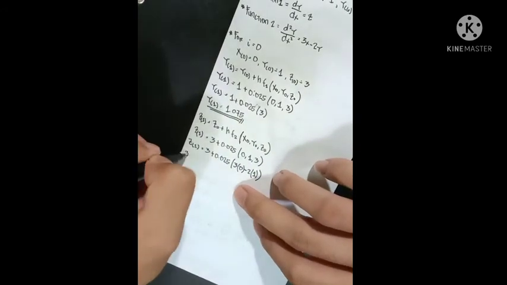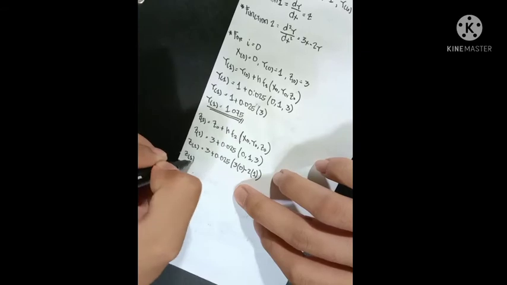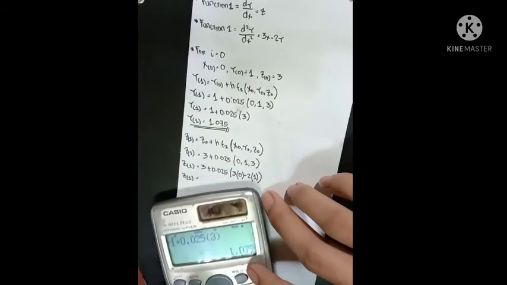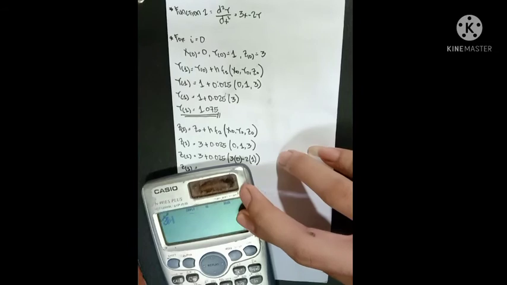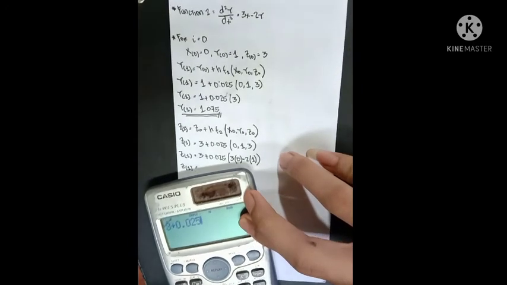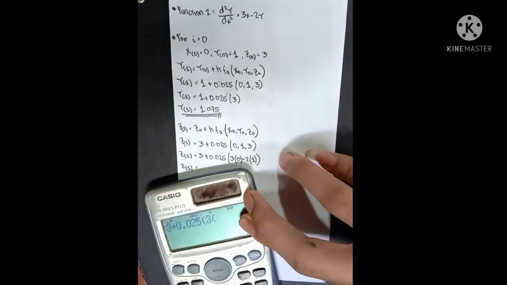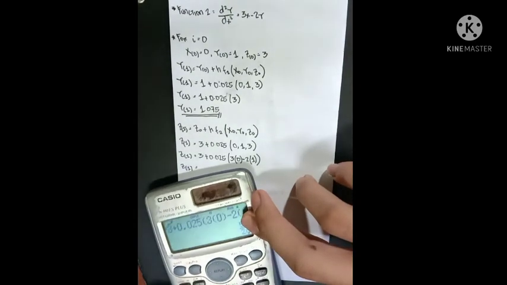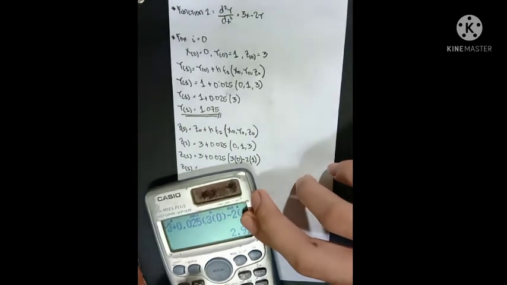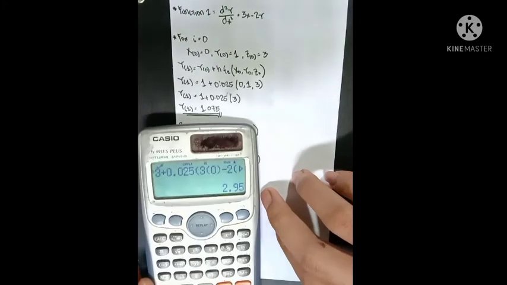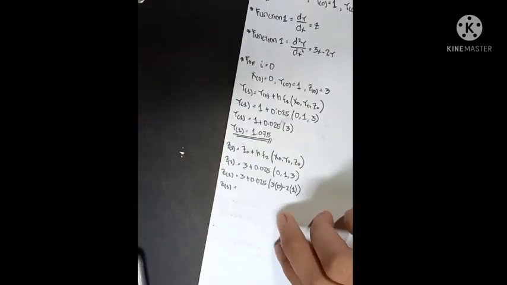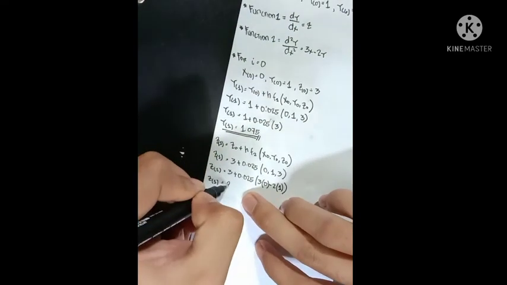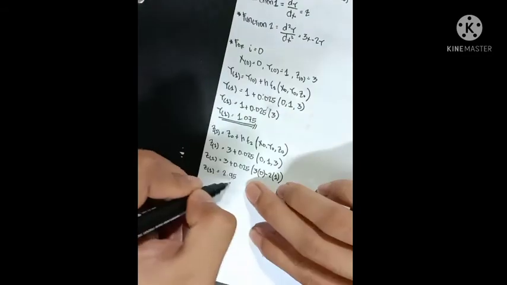So z1 is 3 plus 0.025 times 3 times 0 minus 2 times 1. We have the value of 2.95 for z1.